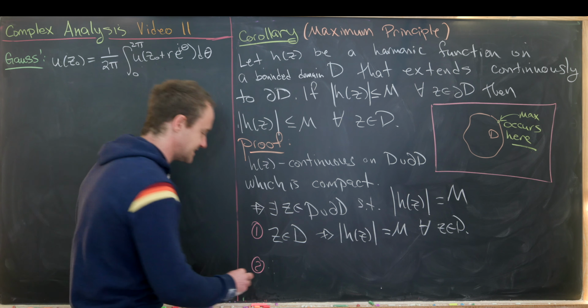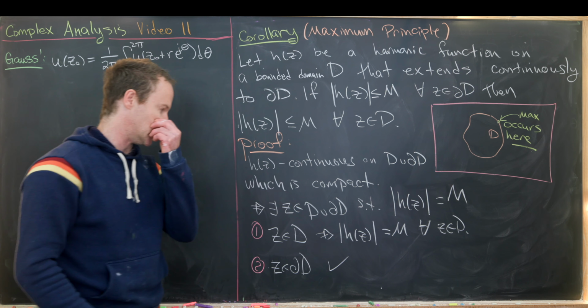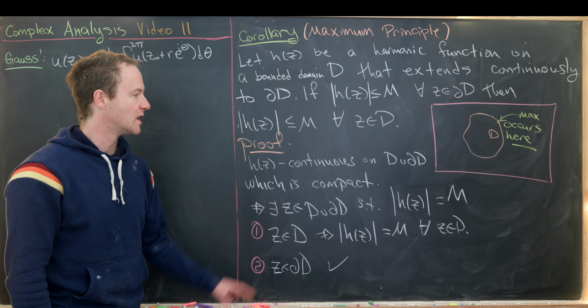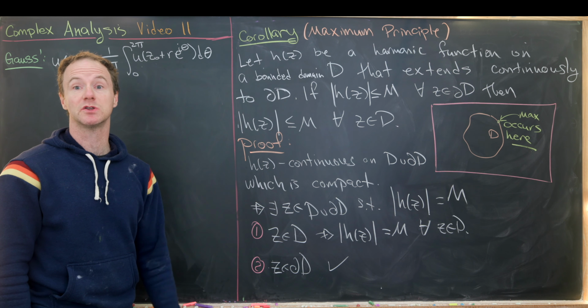Our next case is that Z is in the boundary of D, but in that case we're totally done already because we've achieved this setup. Okay, so let's maybe get rid of this and then we'll look at some examples.